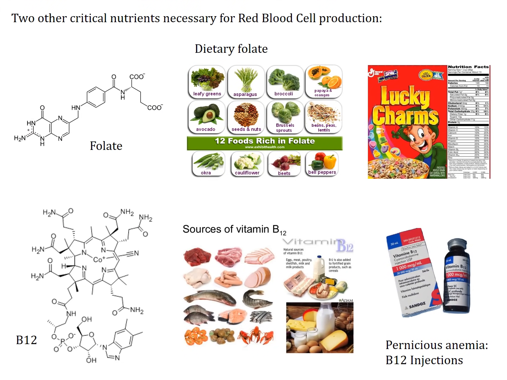Another critical nutrient necessary for red blood cell production is folate. And you can see that a lot of dietary folate comes from grains and vegetables and fruits. Right now, just about every grain product is fortified with folate. It's hard to find a grain product, be it a bread or a cereal, that has not been supplemented with folate.